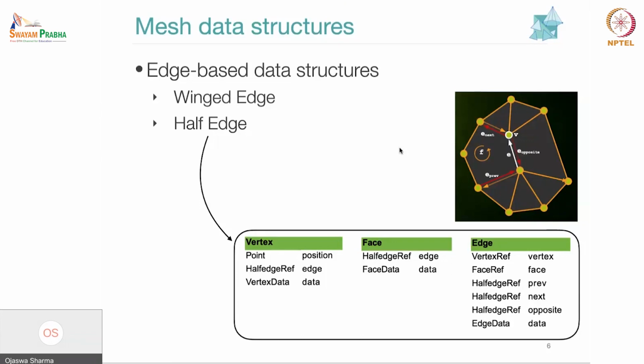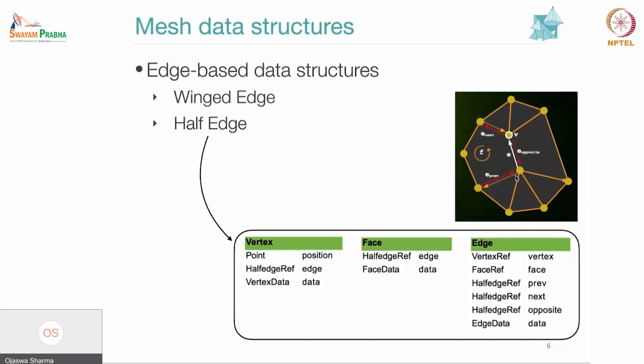And what you do is that you don't store an edge as an edge. You split an edge into two half edges. So what you see here in the diagram is one half edge going in one direction, and the opposite half edge, known as E opposite, going in the other direction. So let's take a look at the edge data structure.